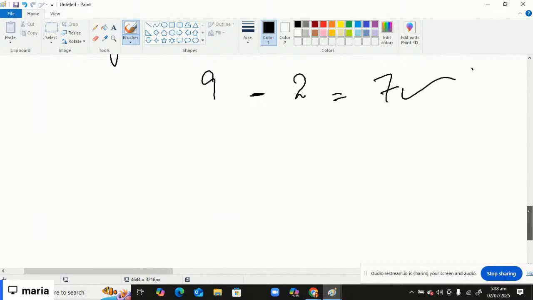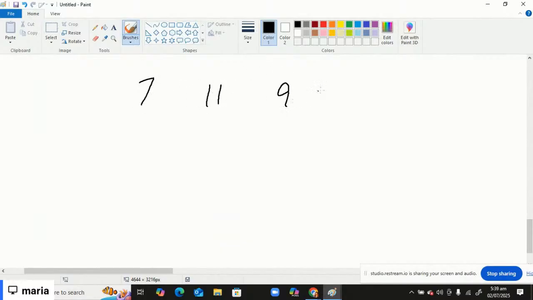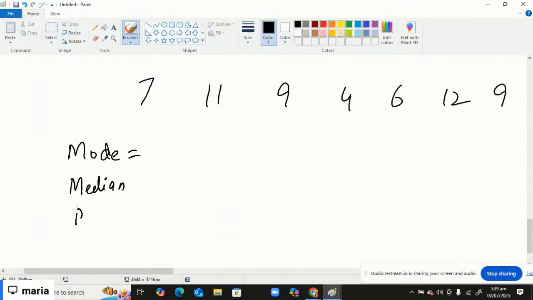Now, if I write like this, for example, here I'm going to write the data. So, if the data is given, can you tell me what is the mode, median, range?